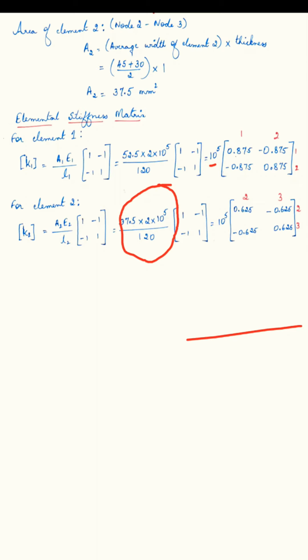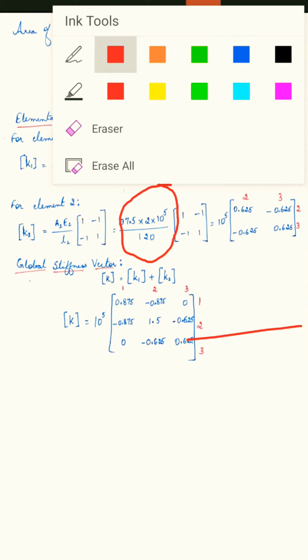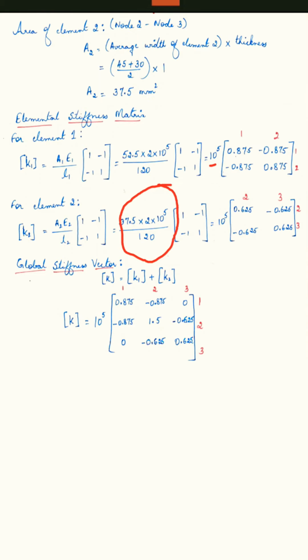With the elemental matrices now determined, we will obtain the global stiffness matrix. The global stiffness matrix is obtained by adding the different elemental matrices. What are the different elemental matrices? We have K1 and K2 corresponding to element 1 and element 2. So K is the summation of K1 plus K2, and I have denoted the global degrees of freedom.